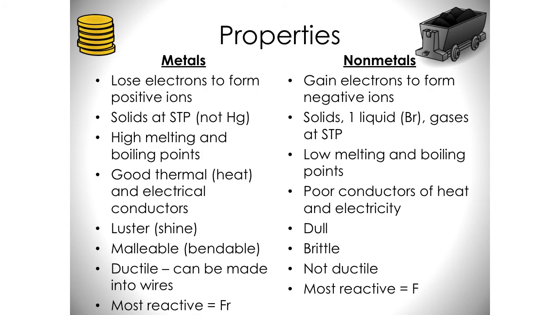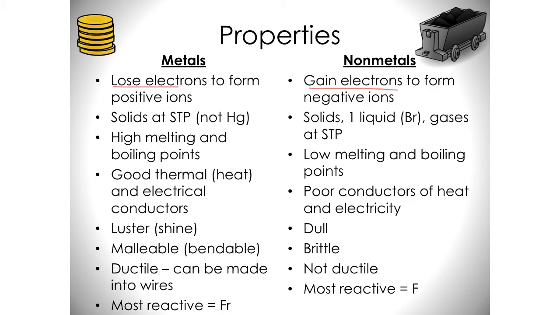All right, so properties of our metals versus our nonmetals. Metals lose electrons to form positive ions because they have a lower number of valence electrons. Nonmetals gain electrons to form negative ions.